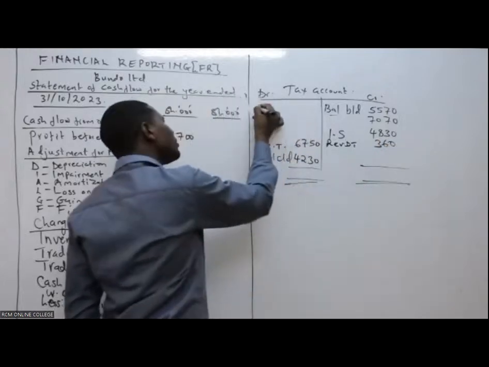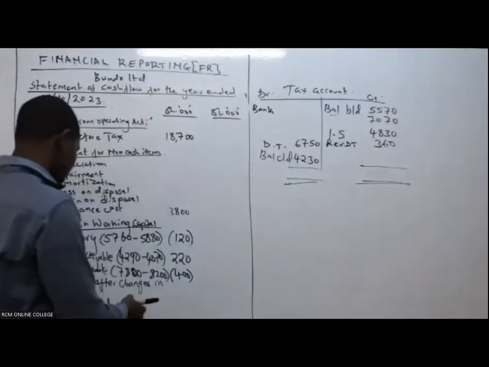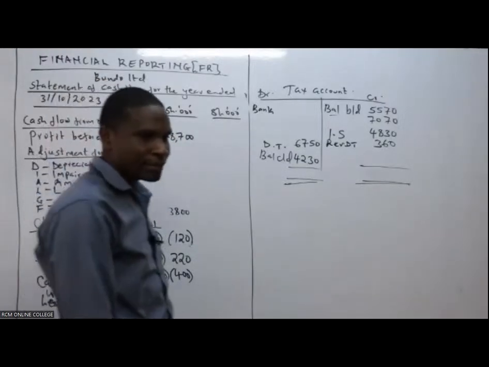Now, can you tell me what was taken to the bank? That is the tax paid. The tax paid is what we want here. That question was the most dangerous.